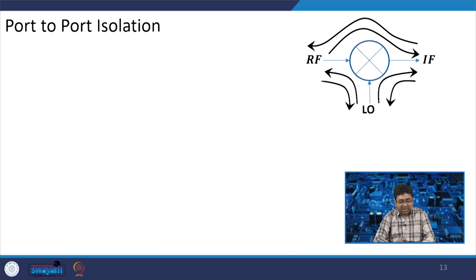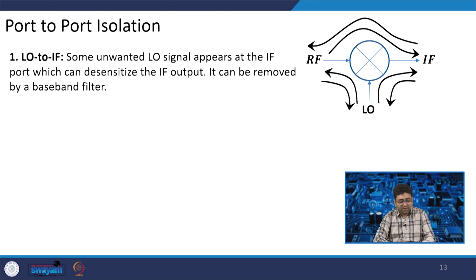If we divide the various isolations, the important one is LO to IF. Always the LO amplitude is high, because we need to switch. Now, some unwanted LO signal appears at the IF port.